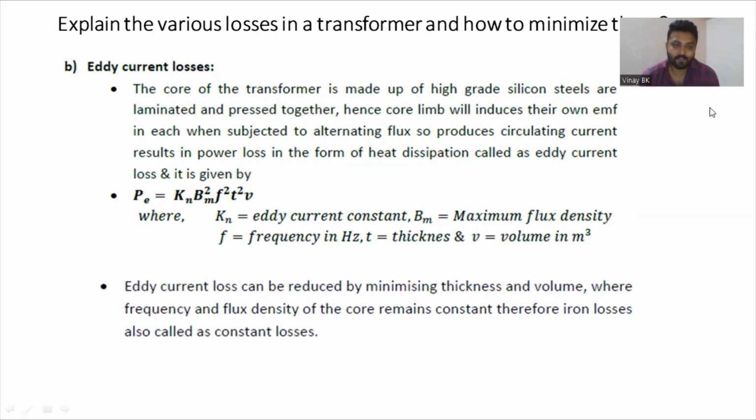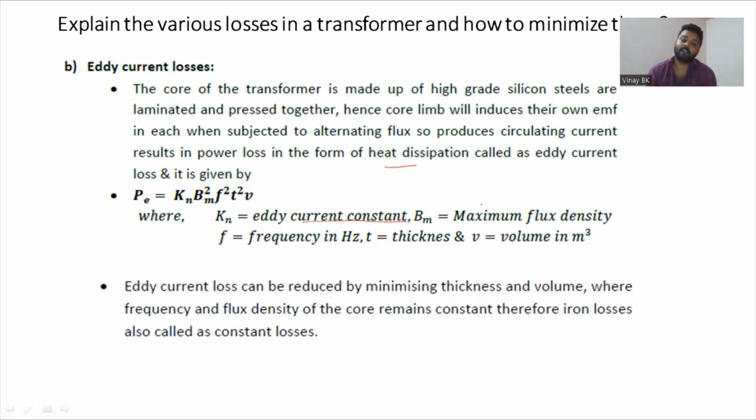And this is given by Pe = Ke Bm^2 f^2 t^2 V, where Ke is the eddy current constant, Bm is the maximum flux density, f is frequency, t is thickness, and V is the volume of the core.